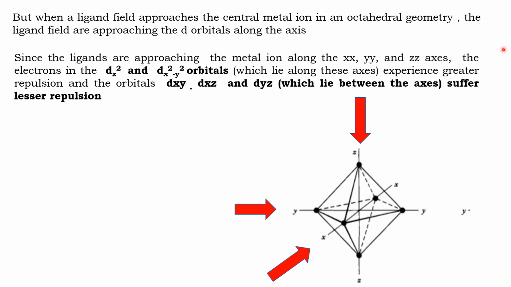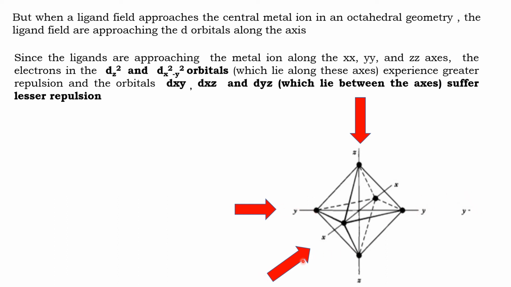See here. This is octahedral geometry. See, this is the axis, Z axis, X axis, Y axis. So the ligands are approaching along the axis. See, here a ligand is coming from the Z axis. Another ligand is coming from the Z axis. Then four more ligands. Two ligands are coming from the Y axis, on here, on here.